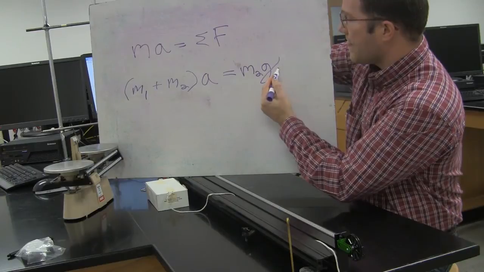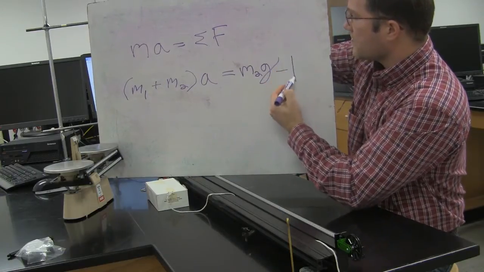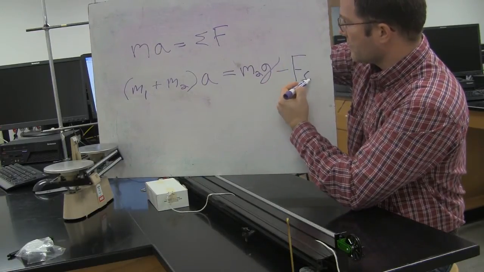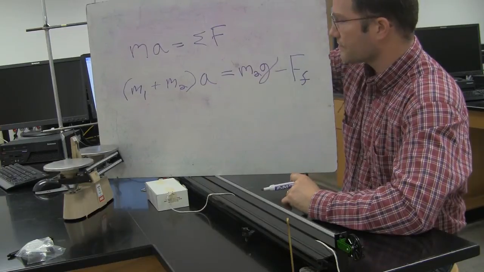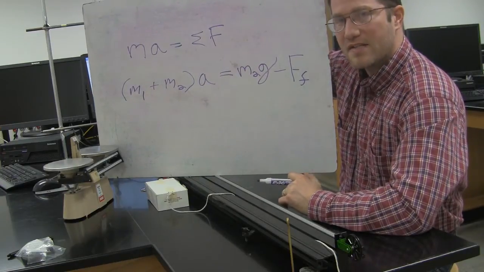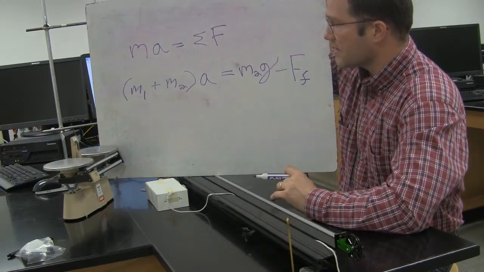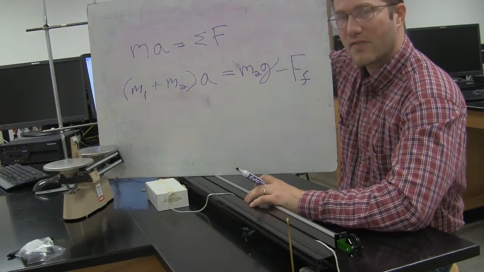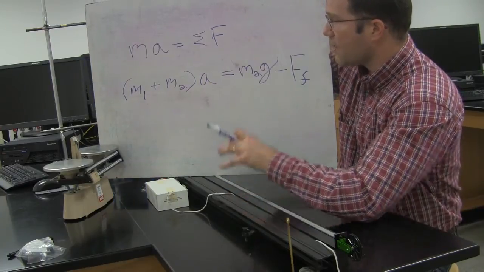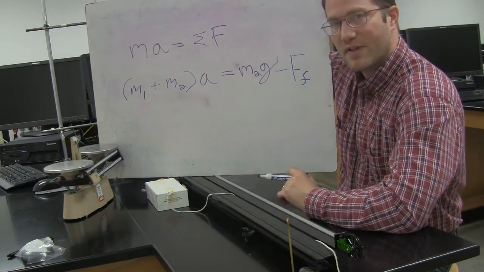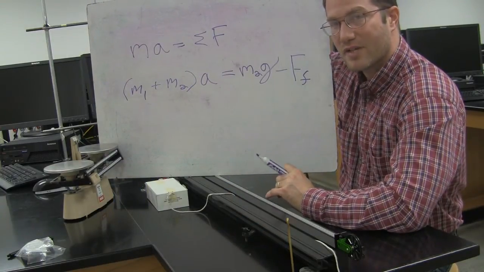And this time, let's subtract the force of friction from that. Knowing now what the actual mass of the system is, m1, m2, and mg, let's calculate what the force of friction is of the cart rolling down the track.